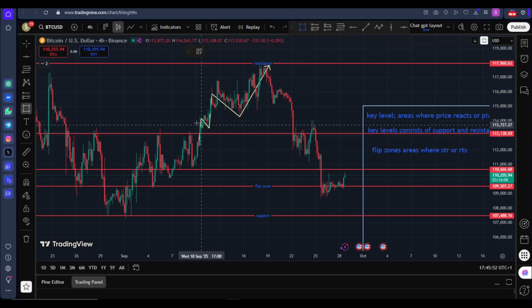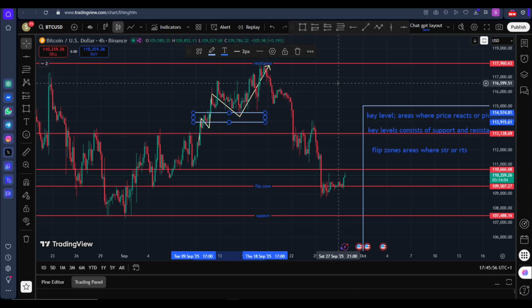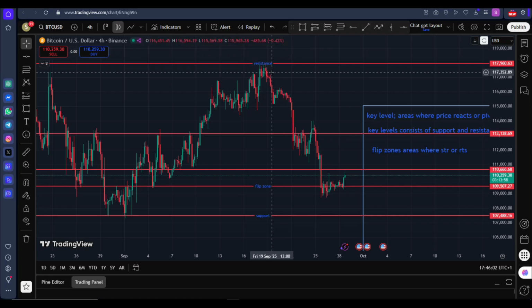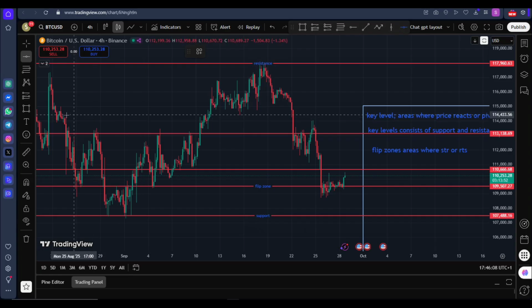Now that I've confirmed that that's actually a flip zone, if I go back far enough, I can probably still see that yes, 1, 2, 3, 4, 5, 6. 6 reactions is good enough. If I go further back, I'll probably still see more, but I'm okay with this.